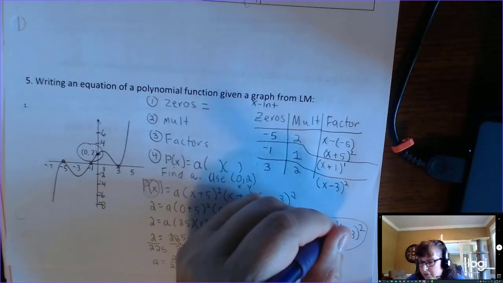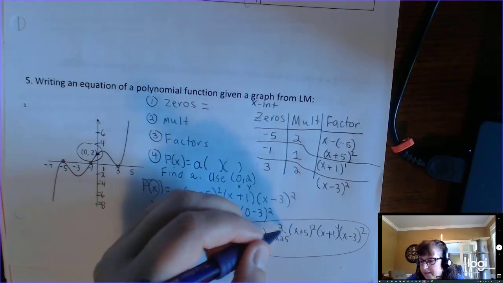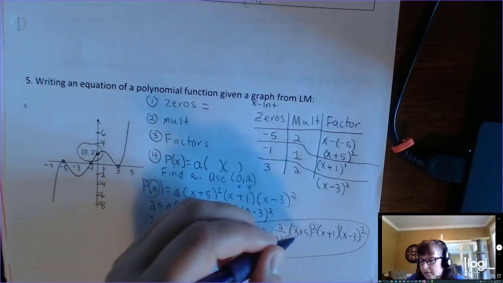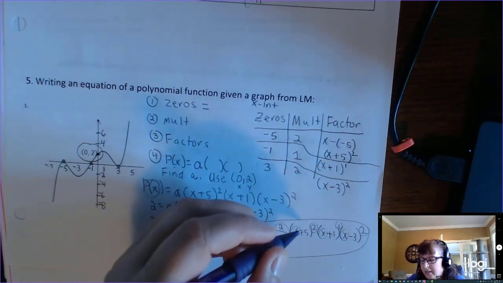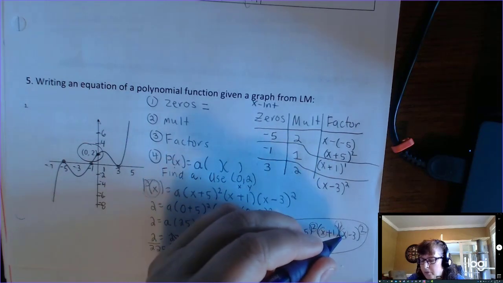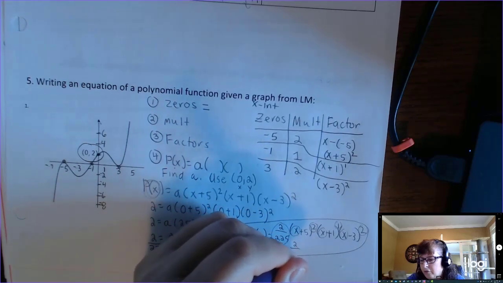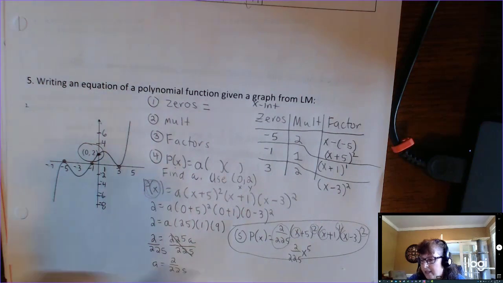All you have to do when it's in factored form, if you want to find the leading term, is multiply the leading coefficient times x squared times x to the 1 times x to the 2. You just add the exponents. So the leading term would be 2 over 225 x to the 5th, and you can use that to check your work.